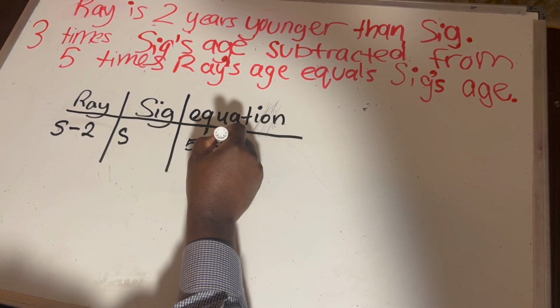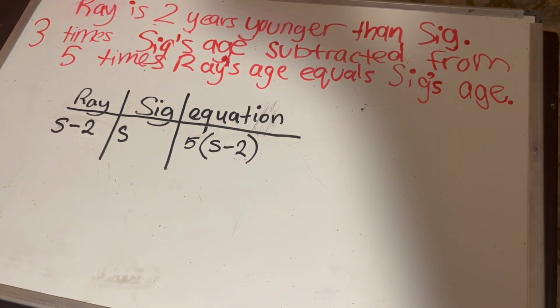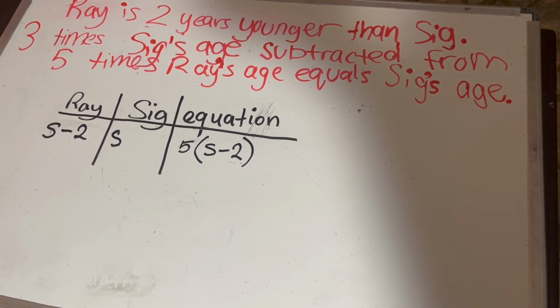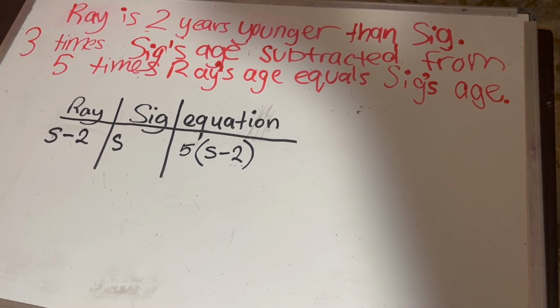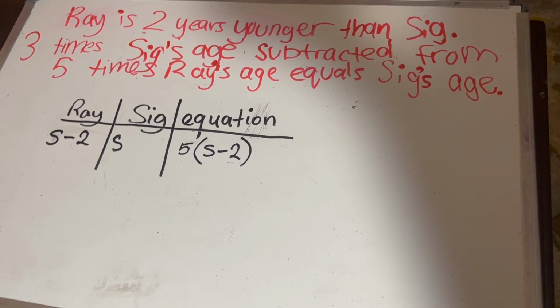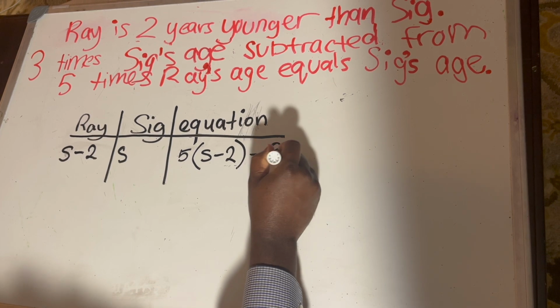So we can multiply everything by that 5. And now we get to our 3 times Sig's age. So we know that Sig is s. So minus 3 times s. Right.